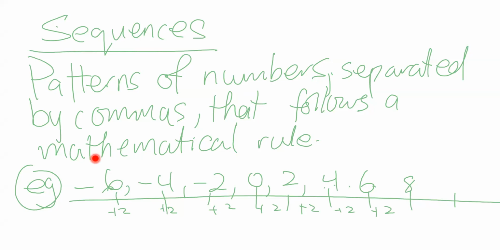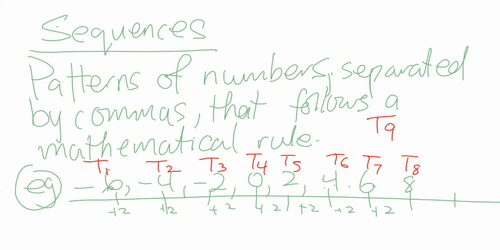So this is the first term of the sequence here. This is the second term, third term, fourth term, fifth term, sixth term, seventh term, eighth term, right? So T9, term 9 will be 8 plus 2, which is 10.